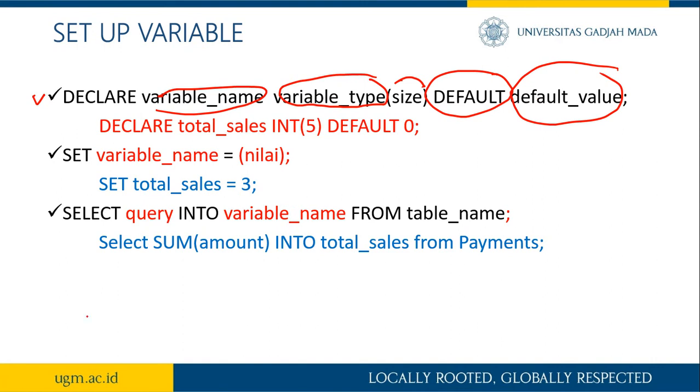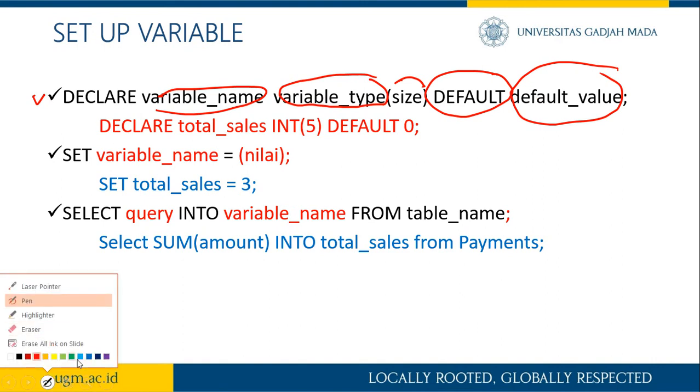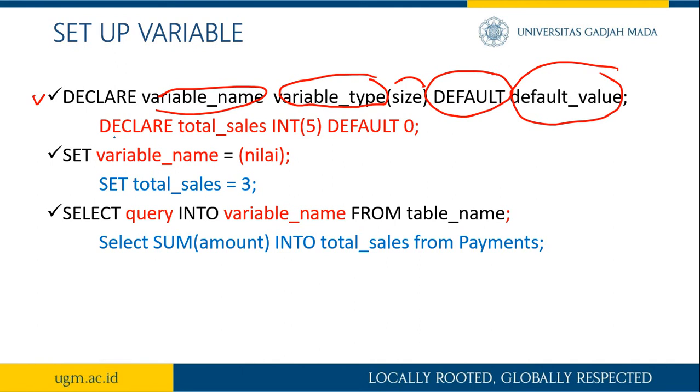The example is like this one. As you can see, declare, this is the name of the variable, total_sales. The type is integer, the size is 5, and the default value is zero. So it's like we assign the default value as zero.